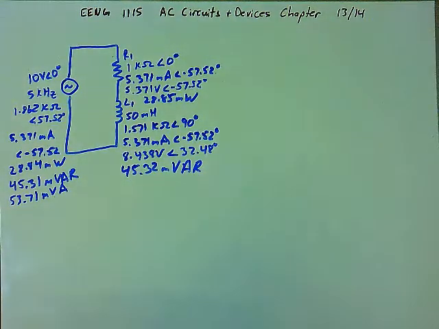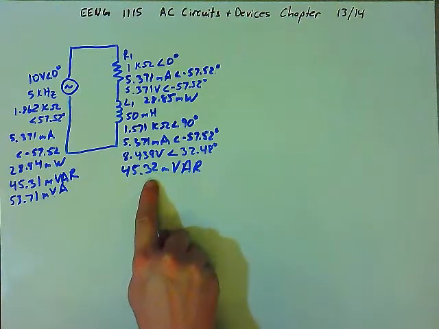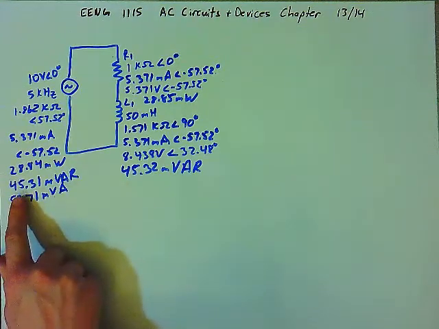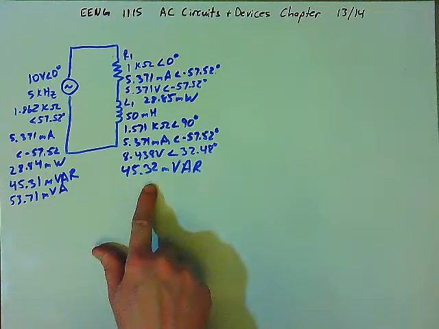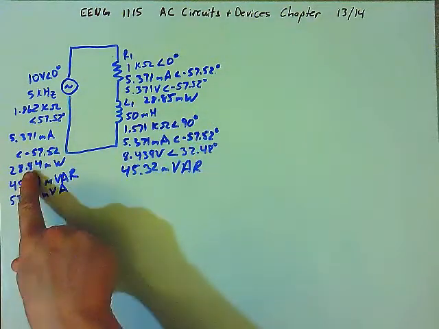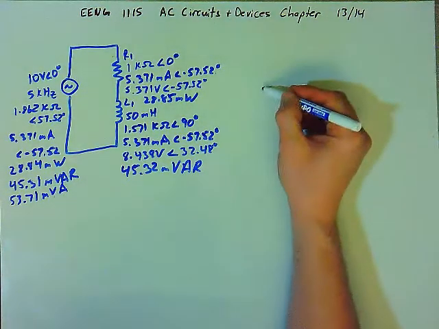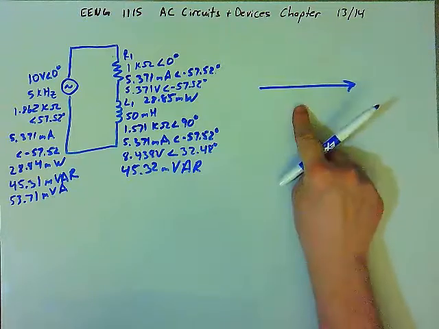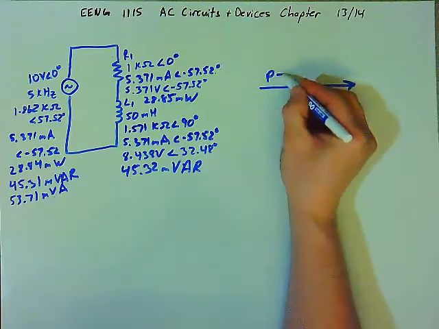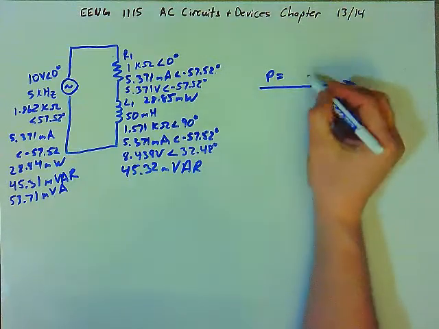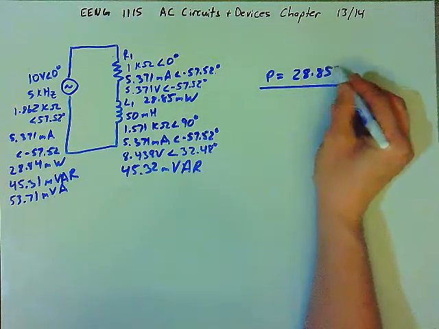So in DC circuits, we said that the sum of the power consumptions of all of the components in the circuit should add up to the power consumption, the total for the circuit. And you can see that all of the var for the total of the circuit comes from the inductor. All of the true power comes from the resistor. And so what that means is we have a vector triangle that shows true power, which comes from the resistor, which is 28.85 milliwatts.